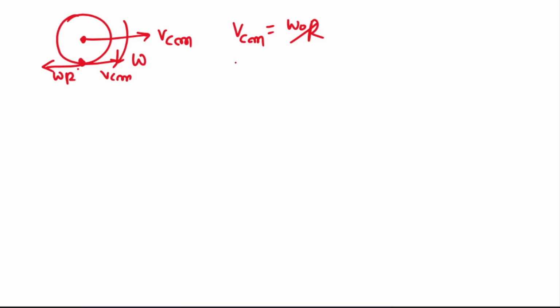Now the final angular momentum: you simply replace, m r VCM plus I_CM, that is 2/5 mr squared, times omega. Omega you write as VCM by r.